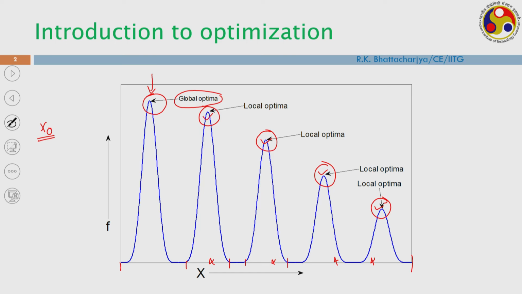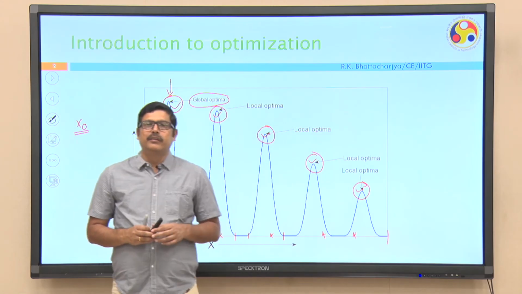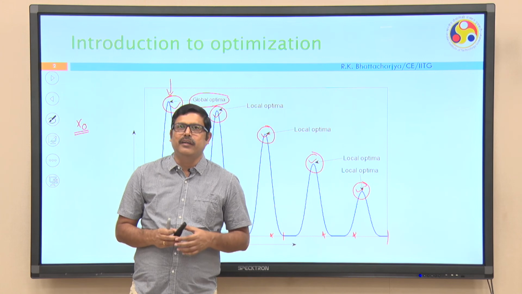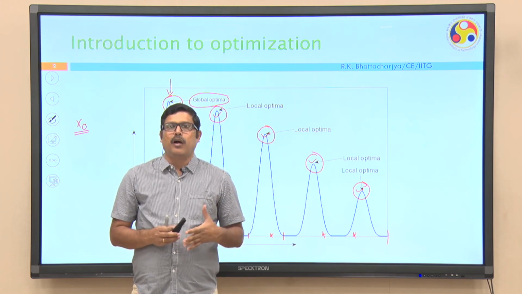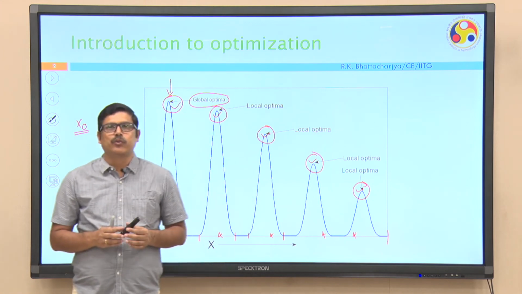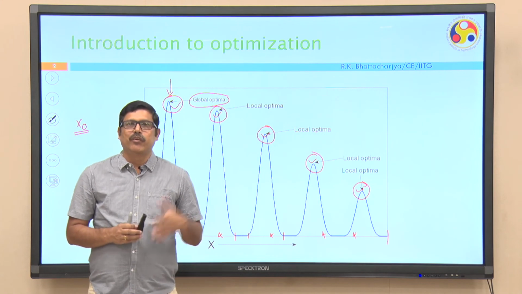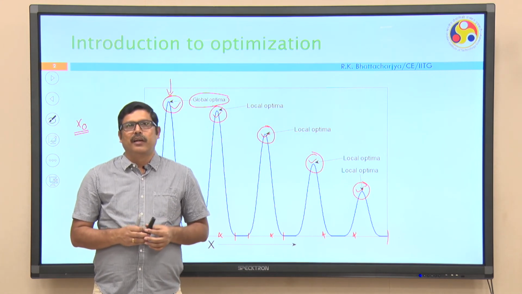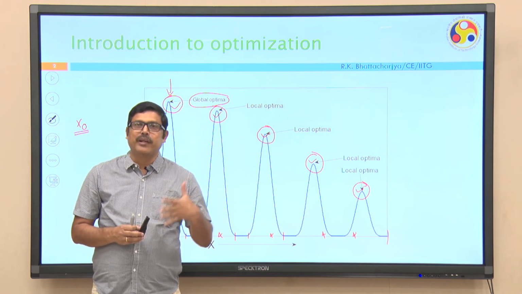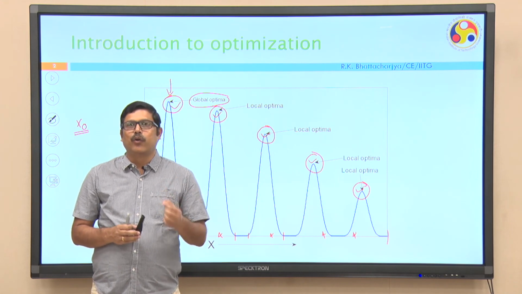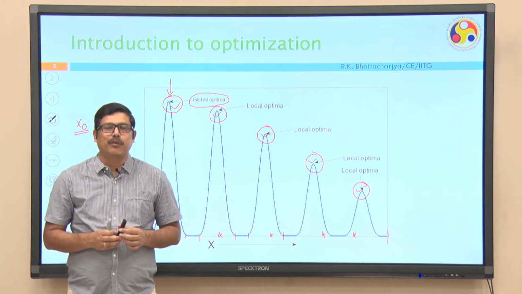And luckily, if your x naught is somewhere in between here, in that case you get the global optimal solution of this particular problem. So, therefore, the solution is highly related to what initial solution you have chosen. Okay. So, if you have luckily chosen a correct initial solution, in that case you may get the global optimal solution of this problem.